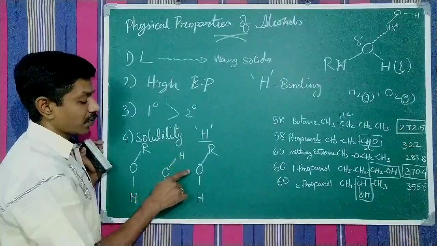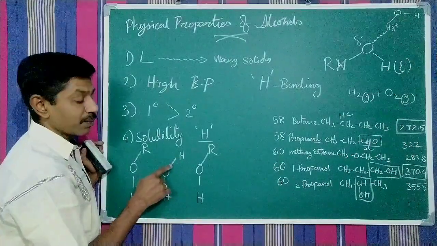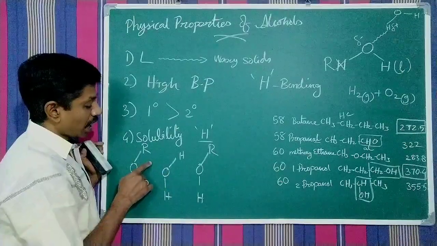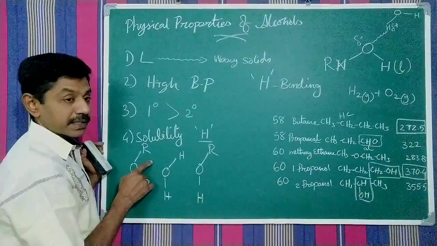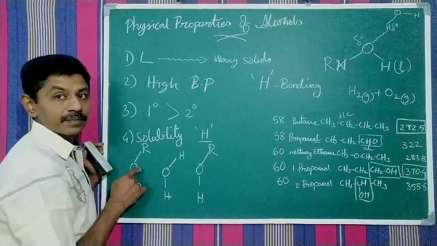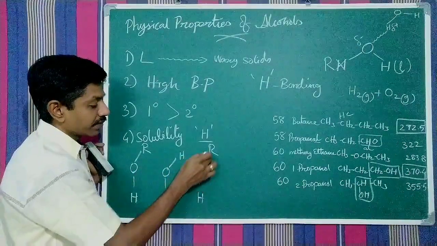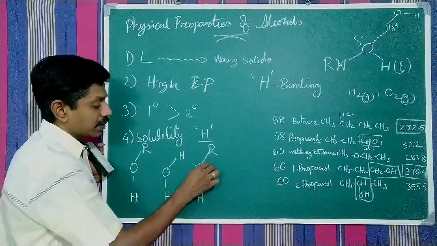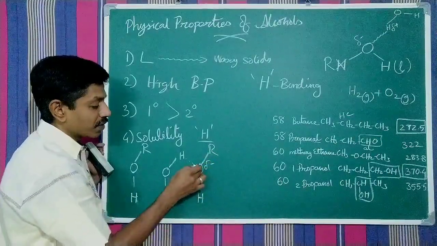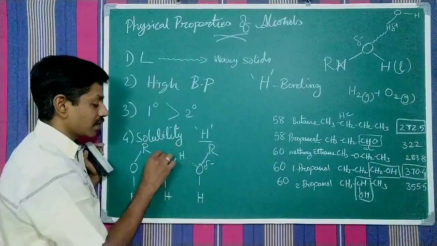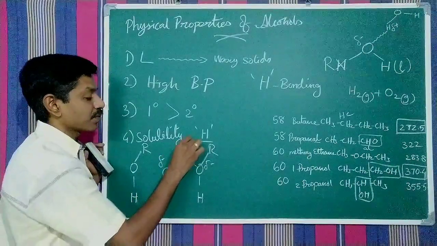When you check these molecules, they can go for intermolecular hydrogen bonding. You have to check their capacity to link with the neighbor. Look, the oxygen of the alcohol is electronegative and goes for hydrogen bonding with the neighboring water's hydrogen, because here also oxygen is electronegative and hydrogen is electropositive.